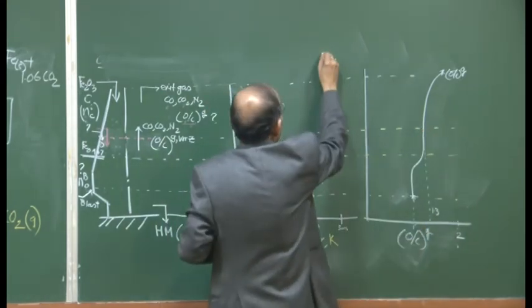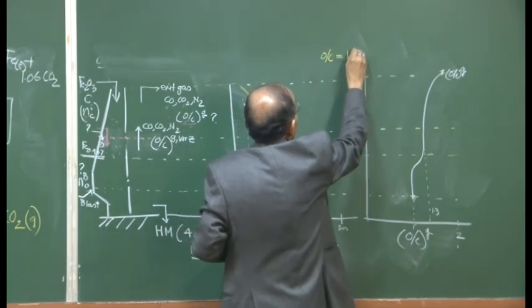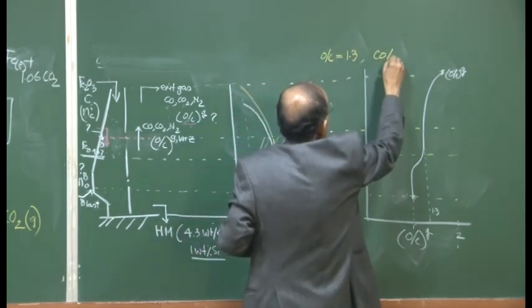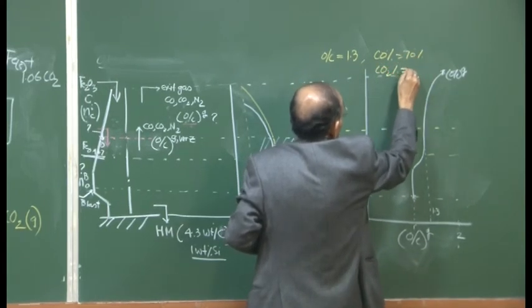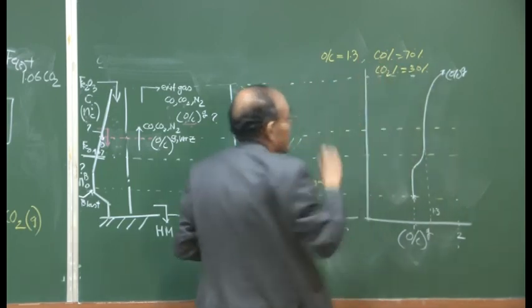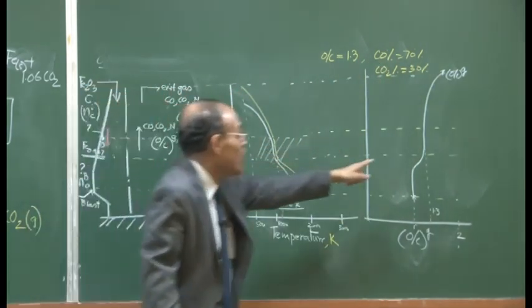What does that O by C in the carbonaceous portion essentially indicate? That if carbon monoxide is 70% and carbon dioxide volume percentage is about 30%, then the O by C ratio calculated will come out to be 1.3, which is constant.